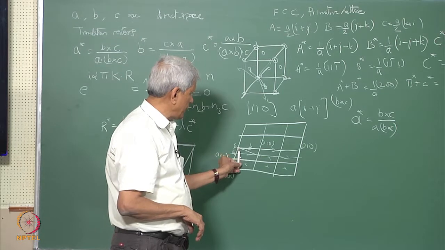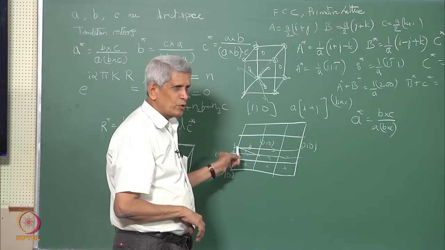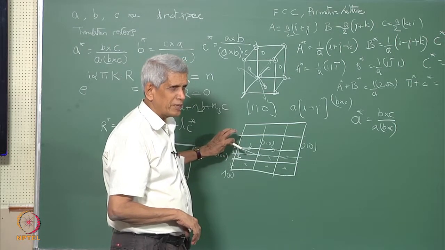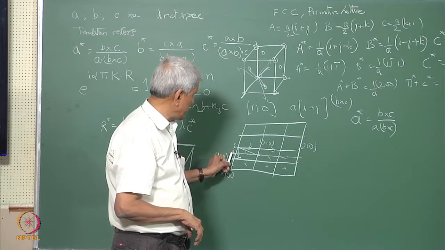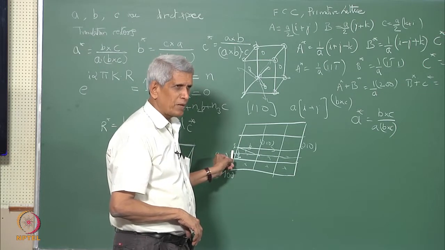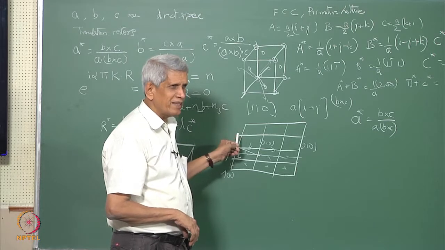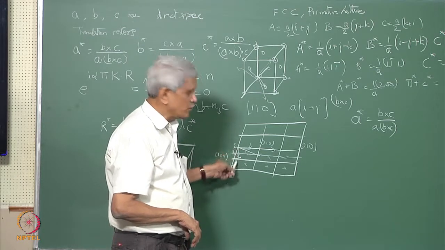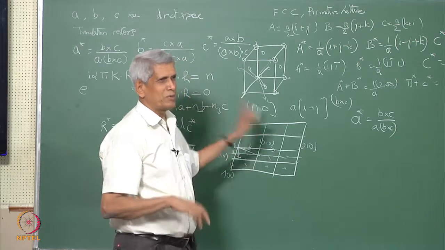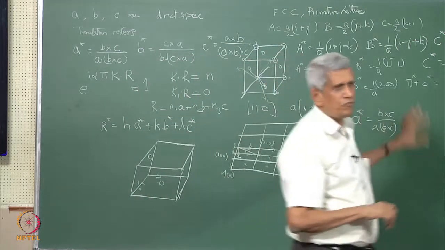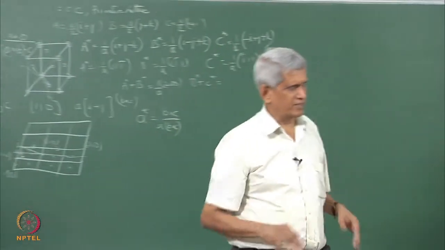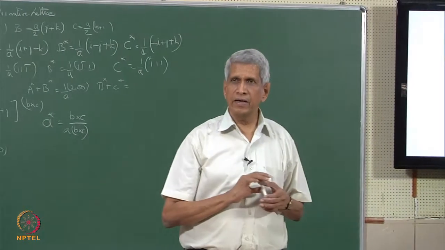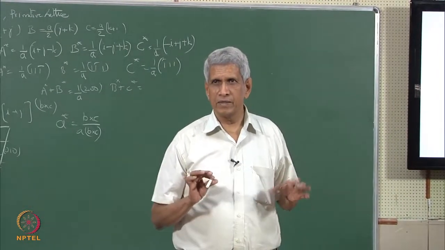So, the interplanar distance is half of that, and its inverse is what we will be taking. This plane will be nothing but a 2 0 0 type of plane. Automatically this is equivalent to taking a primitive lattice. So, this way also geometrically we can construct a reciprocal lattice.